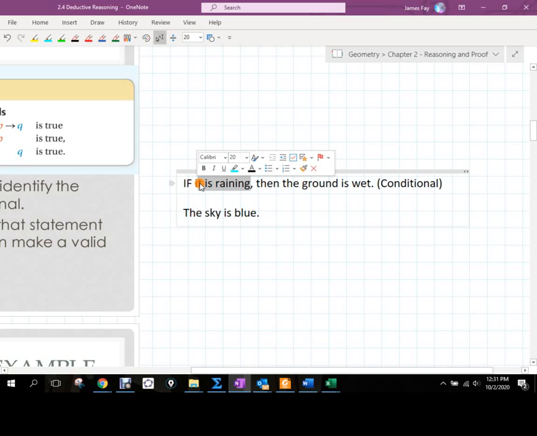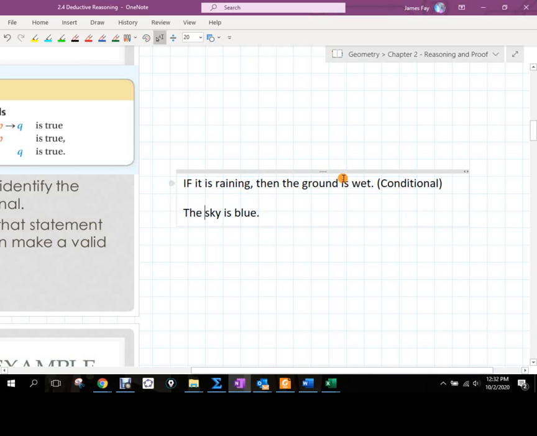No. So I can't make a conclusion about whether the ground is wet or not wet. Does that make sense? You've all experienced when the ground was wet and the sky was blue, and when the ground was dry and the sky was blue. There's nothing we can definitively argue here because this does not match this true hypothesis, so I can't make this conclusion.